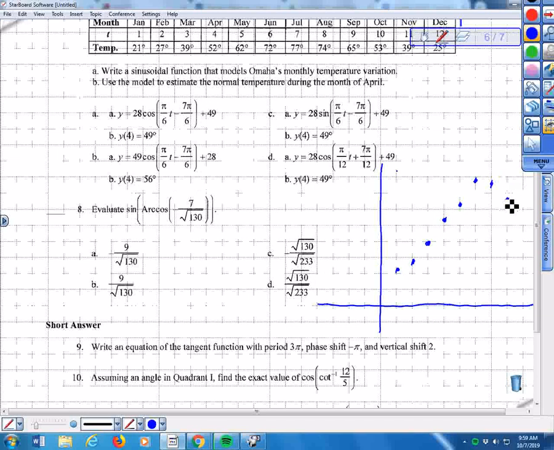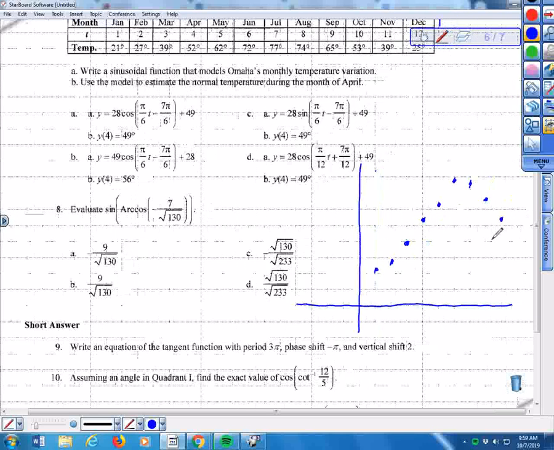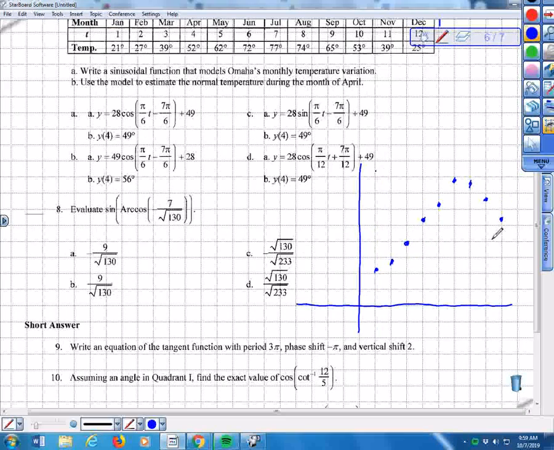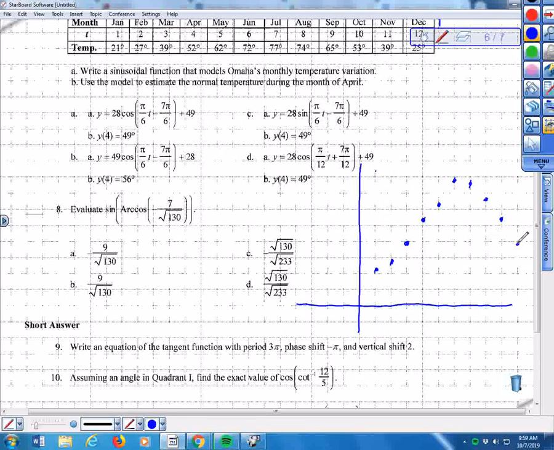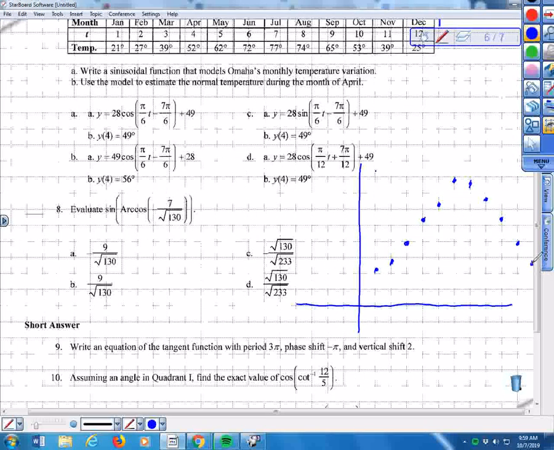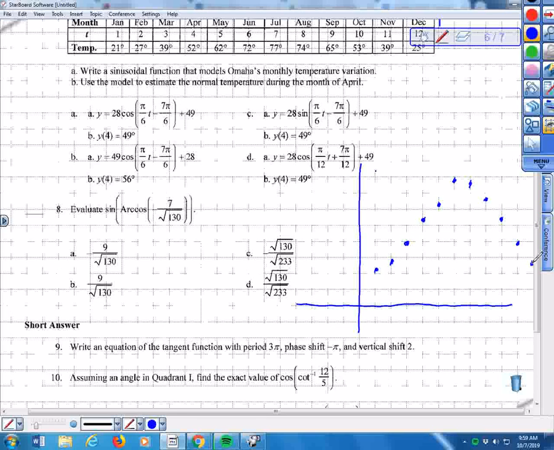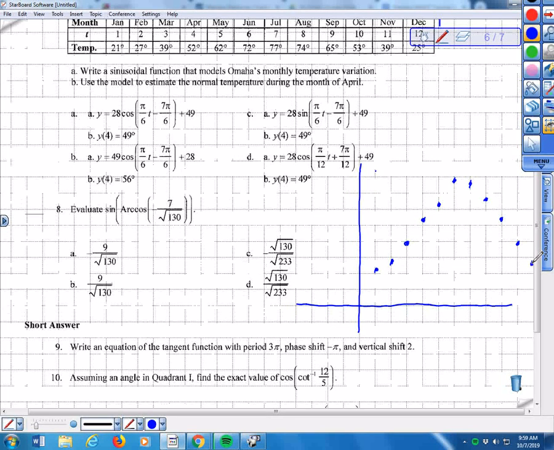It's a little high, but 10/53. 11/39, and 12/25. So 12, I'll just do it close. Well, has a period of 12. Okay, write a sinusoidal function that models Omaha's monthly temperature variation.